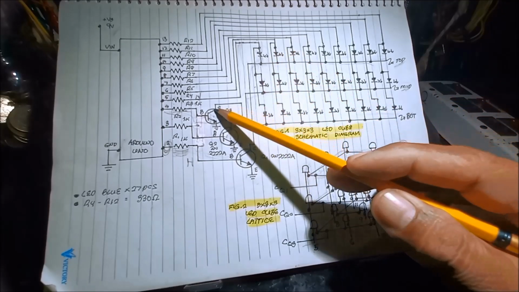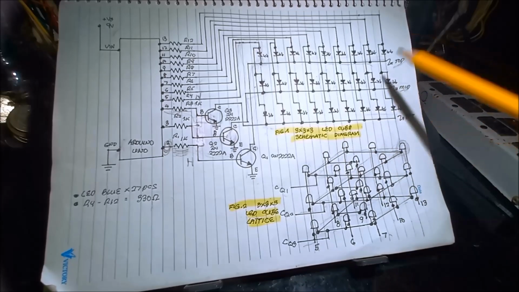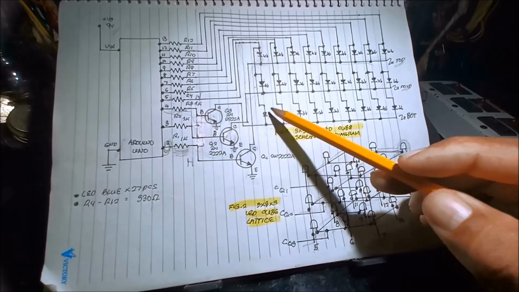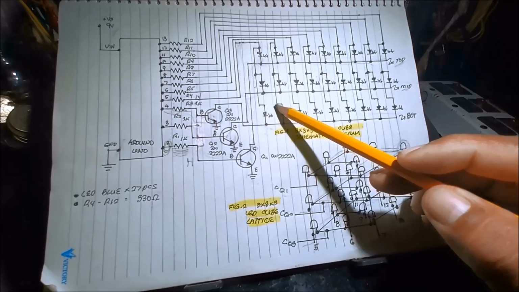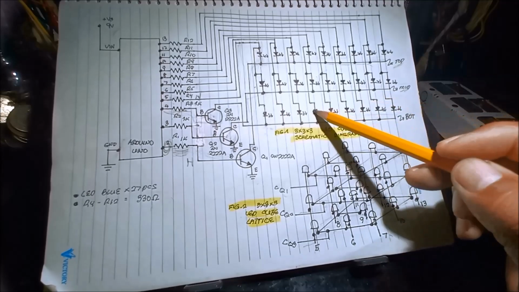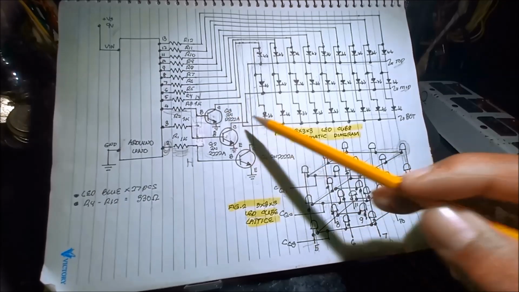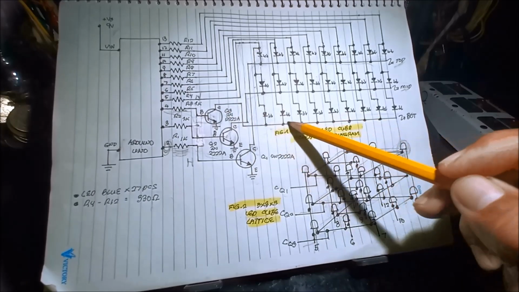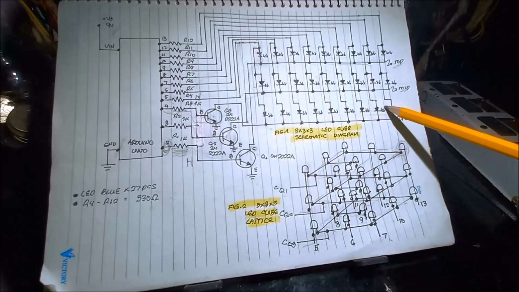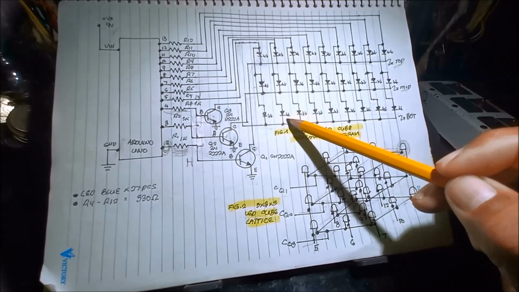Because we are driving 1, 2, 3, 4, 5, 6, 7, 8, 9 LEDs with a current of, I think, around 10 to 20 milliamps each, times 9, 180 milliamps. So this transistor is capable of handling all the current if we're going to turn on all these LEDs at once.